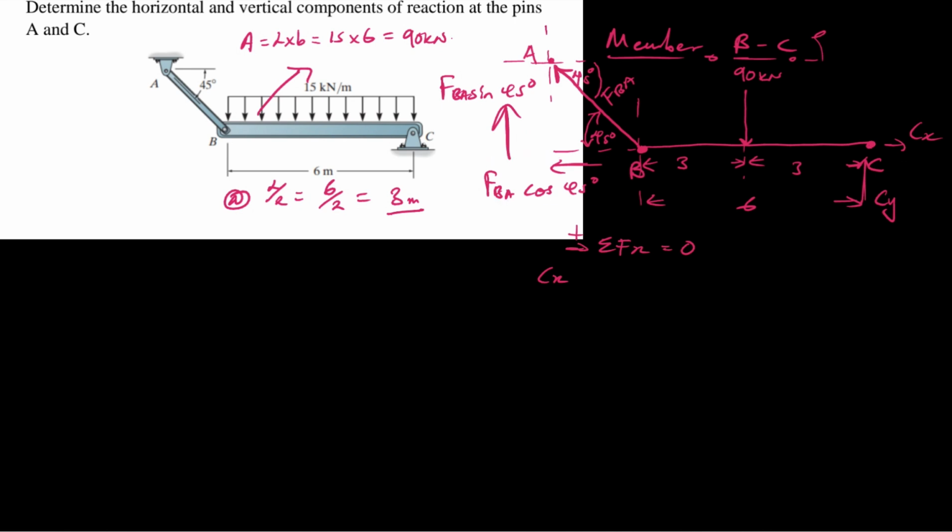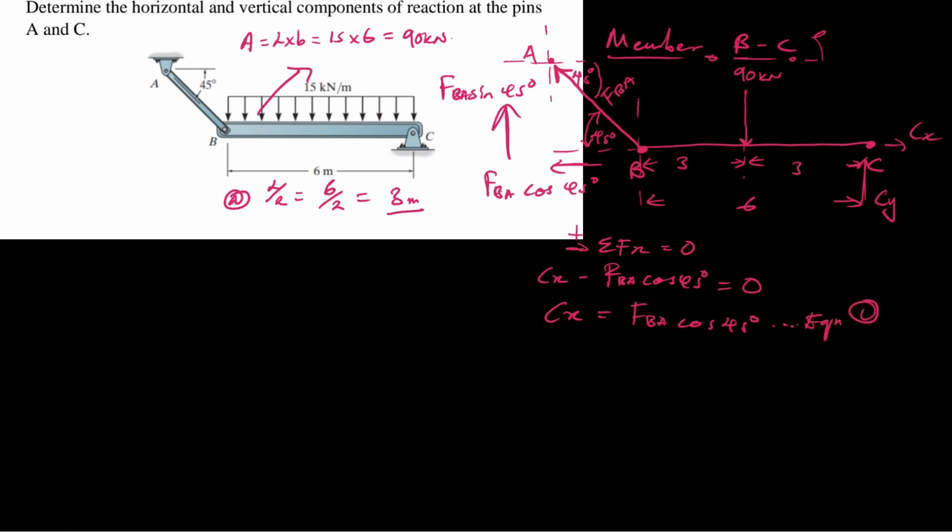So FBA is in a negative sense, so we have minus FBA cos 45 degrees. And this is basically just equal to 0 because there's no other force acting in the x. So we say Cx is equal to positive FBA cos 45 degrees. And let us assume that this guy is our equation number 1.